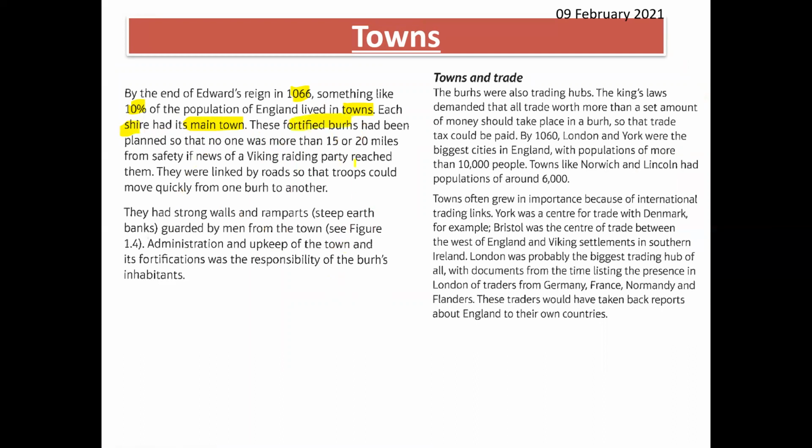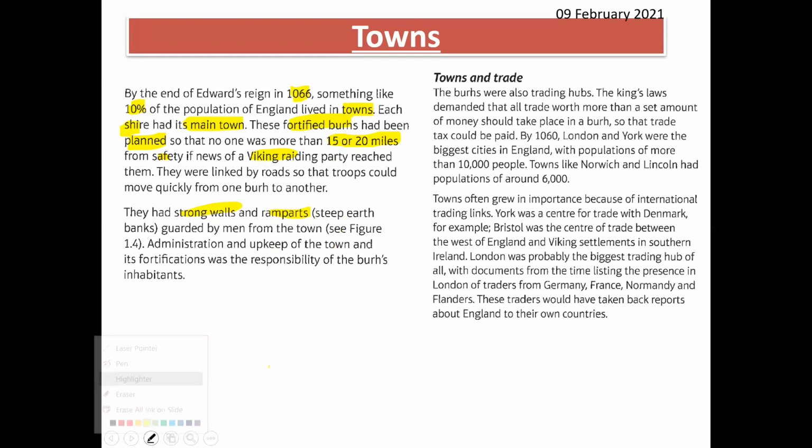These fortified burhs often were planned so that there was no more than 15 or 20 miles from safety if there was a Viking invasion. They had strong walls and ramparts. So rampart, important keyword there.